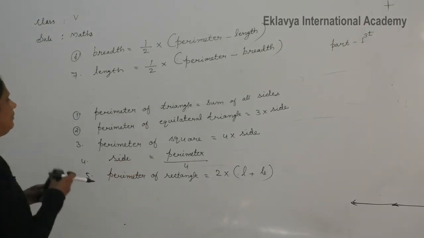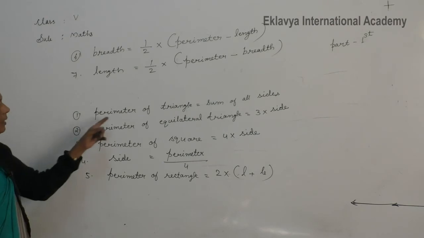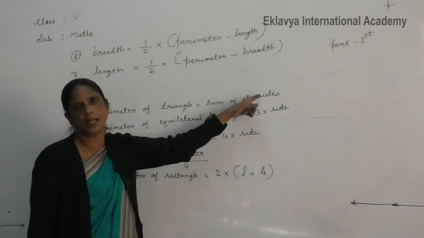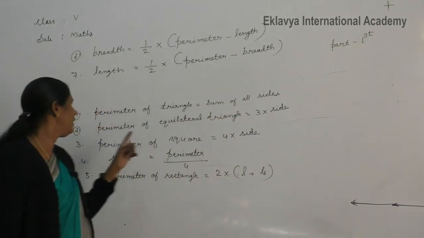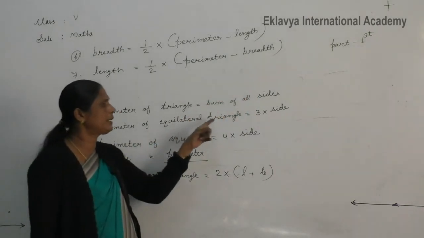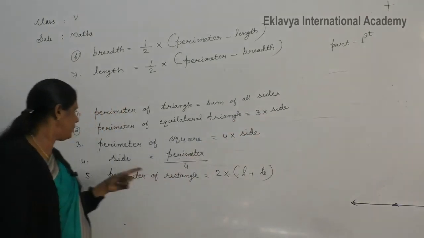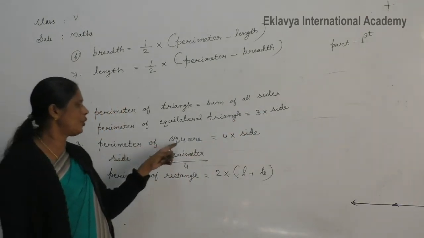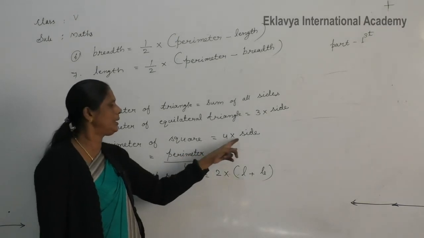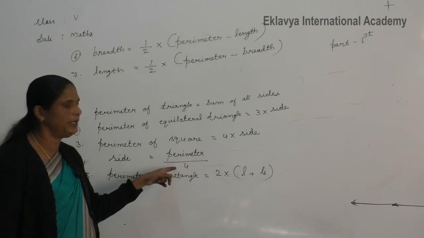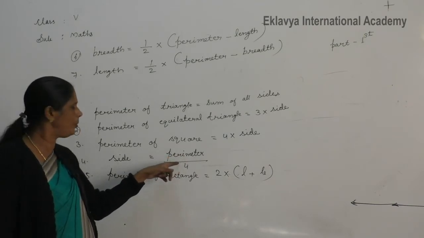Then how to solve this? Again you learn the formulas. Perimeter of scalene triangle is equal to sum of all sides. Perimeter of equilateral triangle is equal to 3 multiply side. Perimeter of square is equal to 4 multiply side. Side is equal to perimeter upon 4.